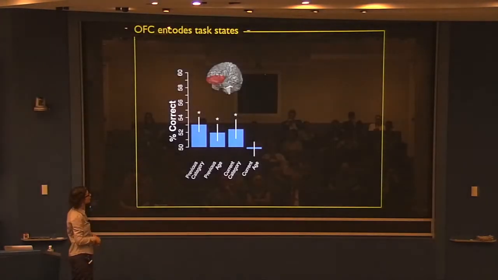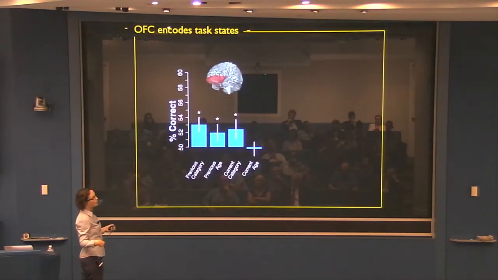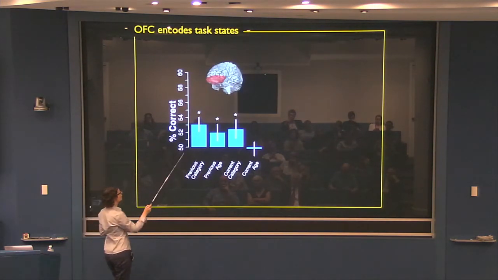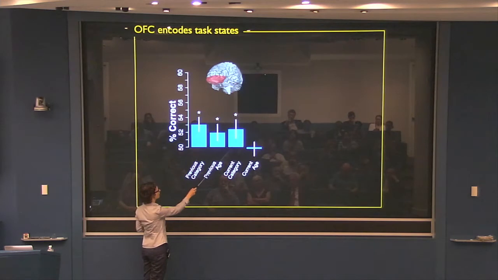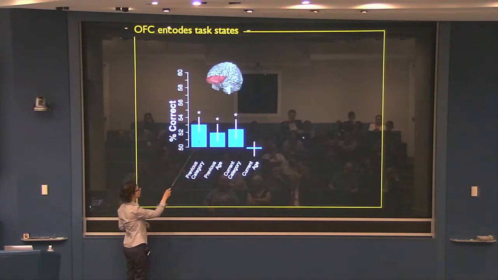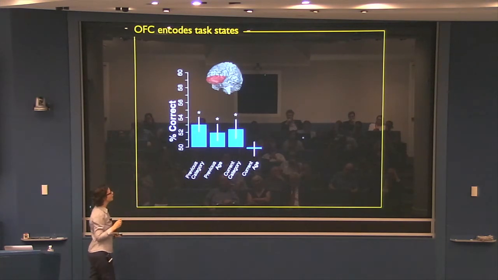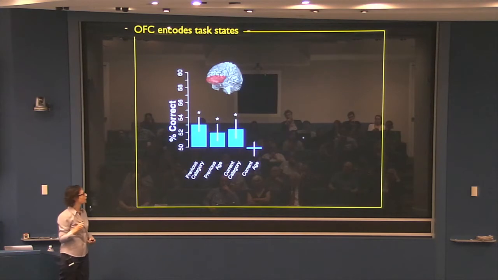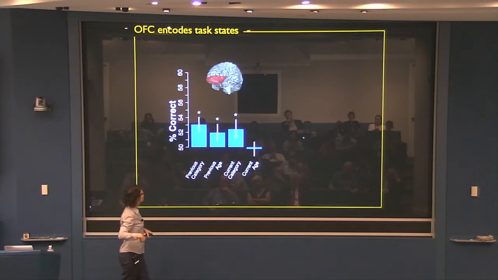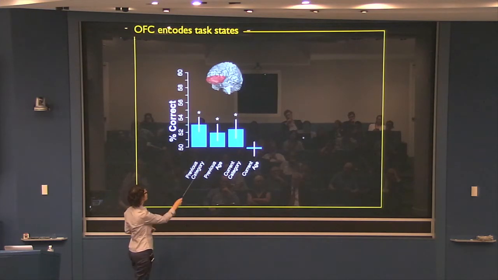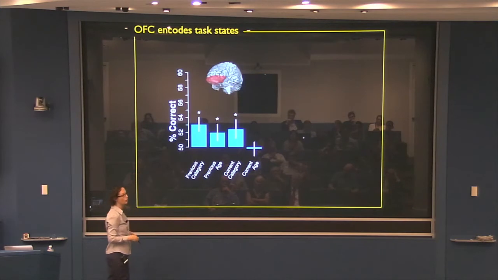And what our results show is that we can decode above chance, which is 50%, what is the current category that you're attending to, what is the previous category that you're attending to, what was the previous age. We can't, interestingly, decode the current age. We can't decode the current age pretty much anywhere in the brain. We can decode current category and previous category in other areas of the brain, but these 3 together, the previous age specifically, only in orbitofrontal cortex.